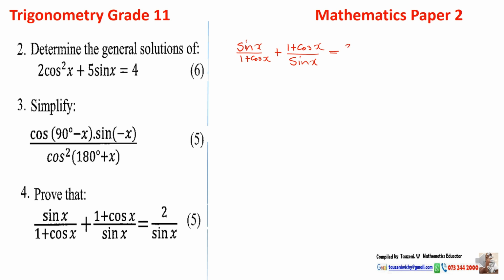So when you look at your identity, you have to choose which side to work with. So in an identity like this one, obviously, it makes sense that we can only simplify the left-hand side. Now, how do you prove an identity like this?